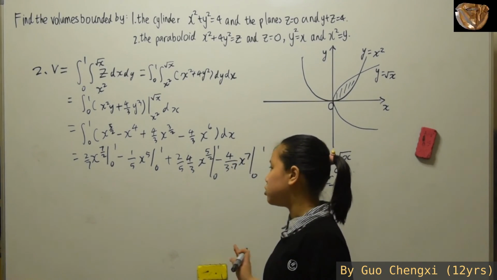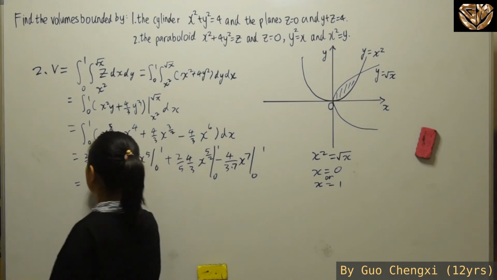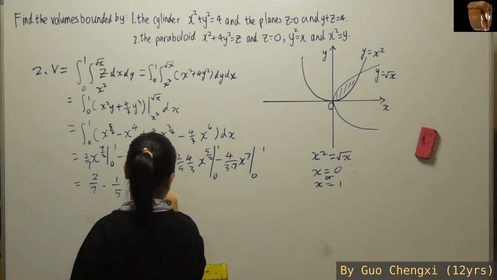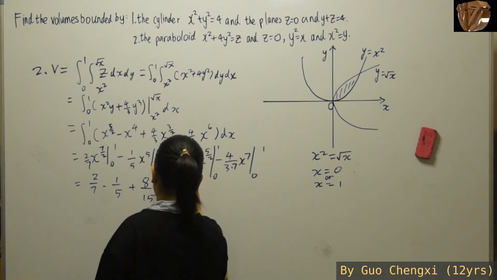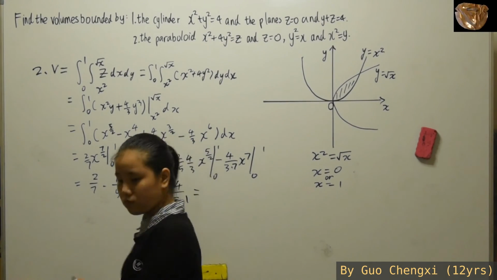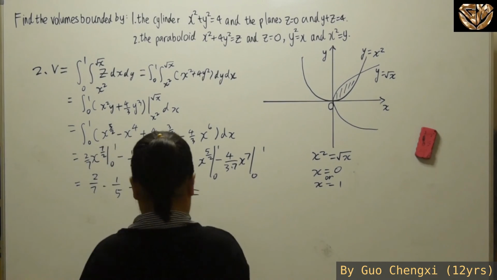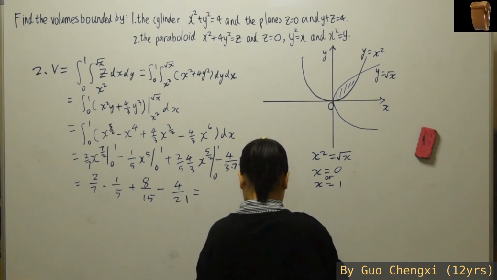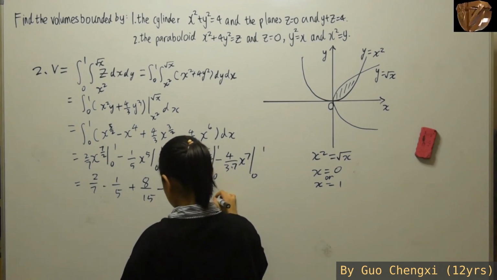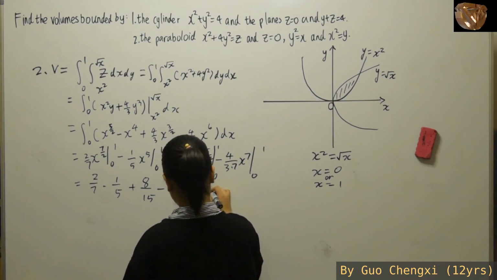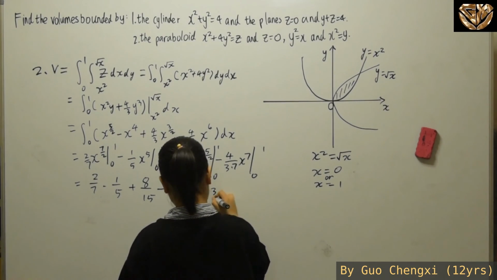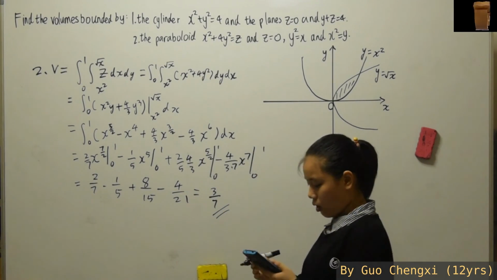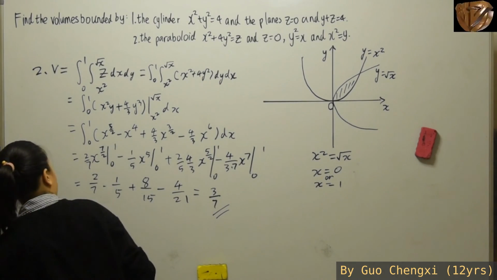On the other hand, if you substitute 1 inside, you get 2 over 7 minus 1 over 5 plus 8 over 15 minus 4 over 21, which equals 3 over 7. Okay, so that is our result.